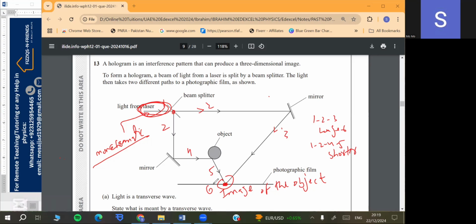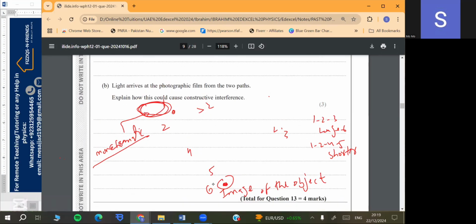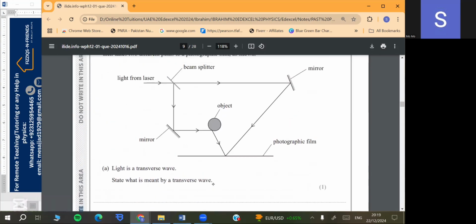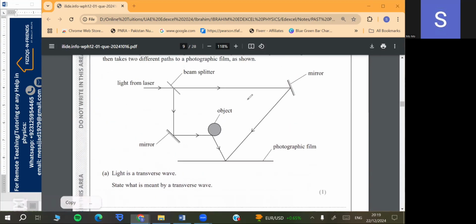Now the question they're asking, question 3, is explain how this could cause constructive interference. So I've told you all the explanation of how it will happen. Now we will follow the explanation. Point number 1, light arriving. First of all, light is split into two waves at the beam splitter.